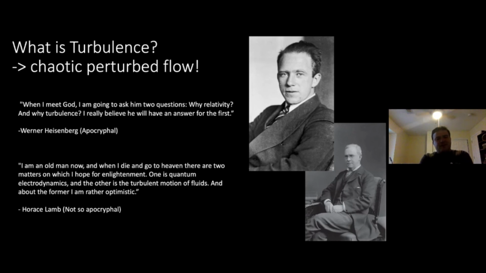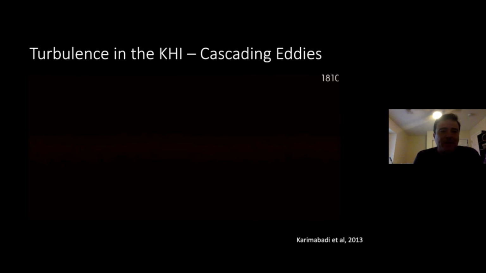In all likelihood, it was probably Horace Lamb talking at the Royal Society. And instead of relativity and turbulence, he said quantum electrodynamics and turbulence. But turbulence is something that is very challenging to understand due to its chaotic nature, and we just don't fully understand why it happens. So what exactly is going on in turbulence?